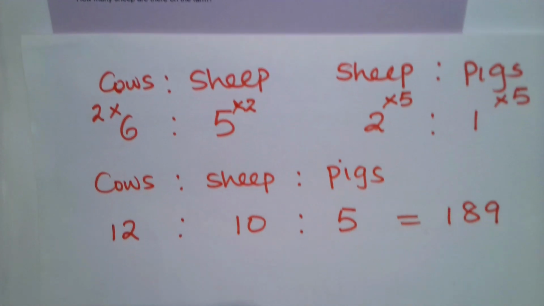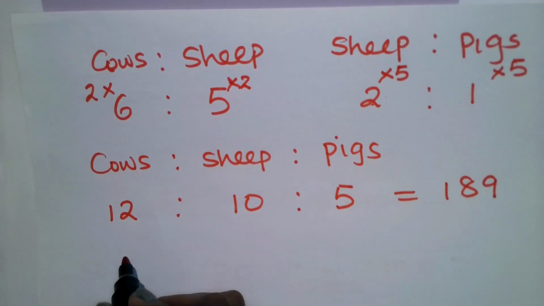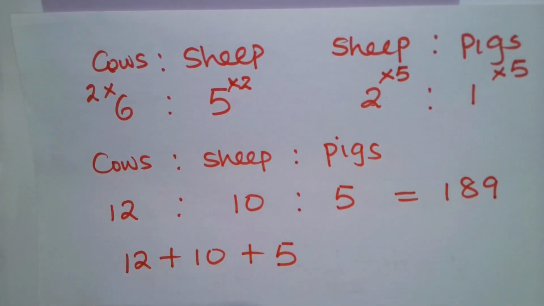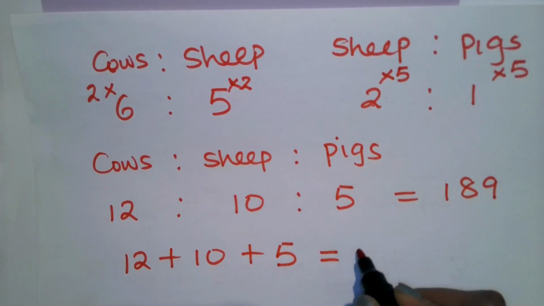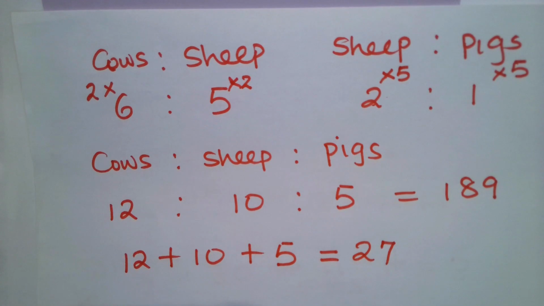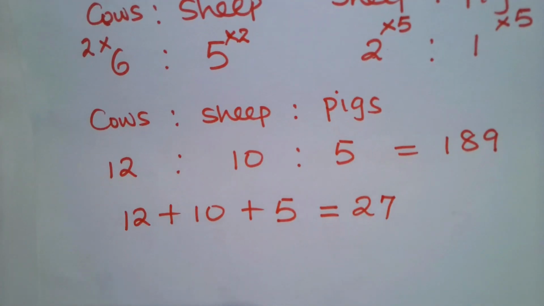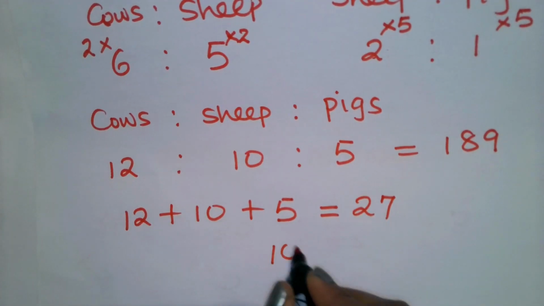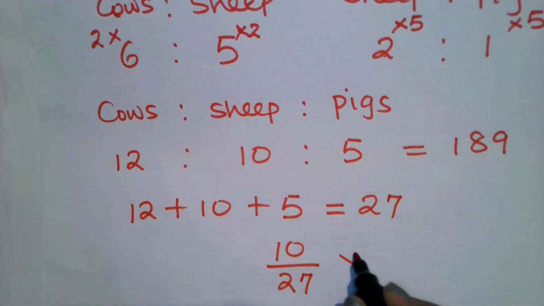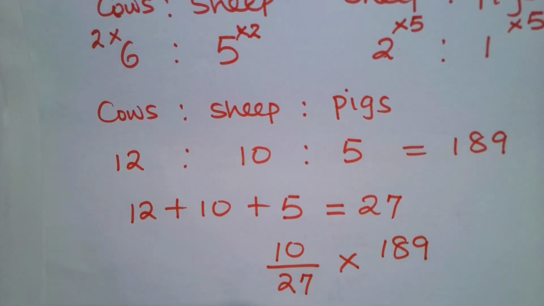So using ratio, we do 12 plus 10 plus 5. That will give us 27. We're looking for how many sheep there are on the farm. So what we're going to do next is 10 over 27 multiplied by 189.